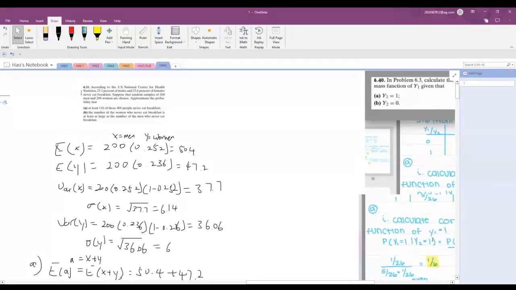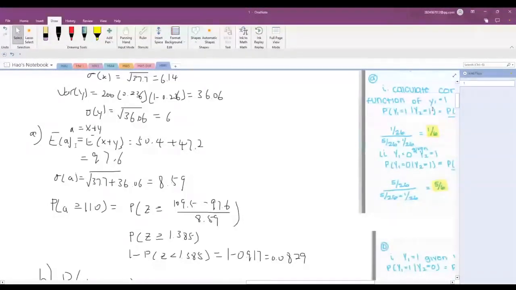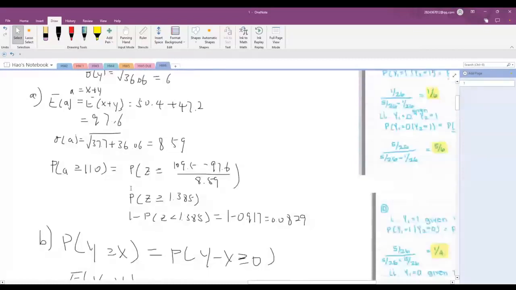By the given numbers, the percentages of men and women and the sample space are given. I calculate the expectation, with X for men and Y for women, and then the variance to get sigma. Then for A, we want at least 110 out of 400. So I add up the expectations of men and women, and also find the sigma for the men and women.